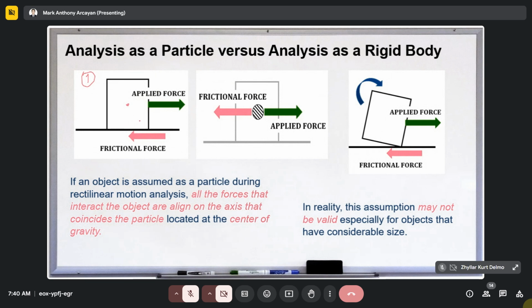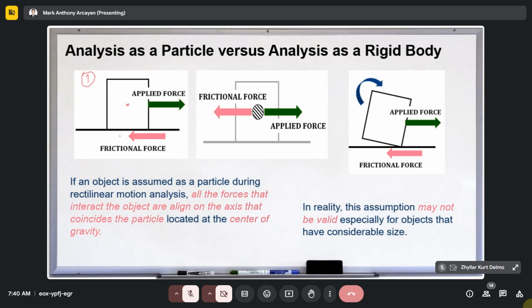And during our lecture, for the analysis of a particle, we know that the frictional force exists at the contact surface between our object and this horizontal surface.